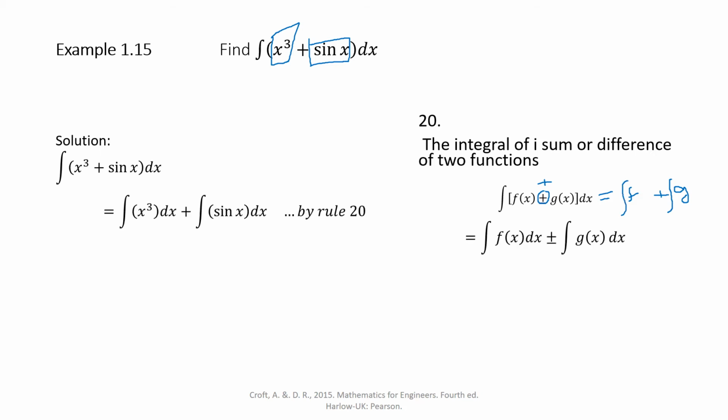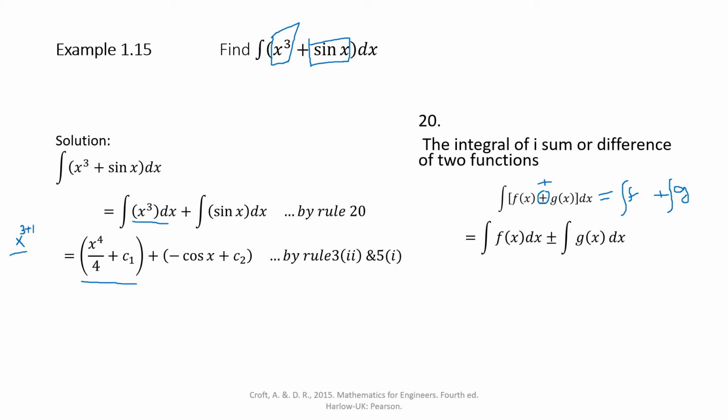So two integrals. First integral, x cube, the answer is this. It was x3, so according to the third rule it will be 3 plus 1, and then it will be divided by the same 3 plus 1.